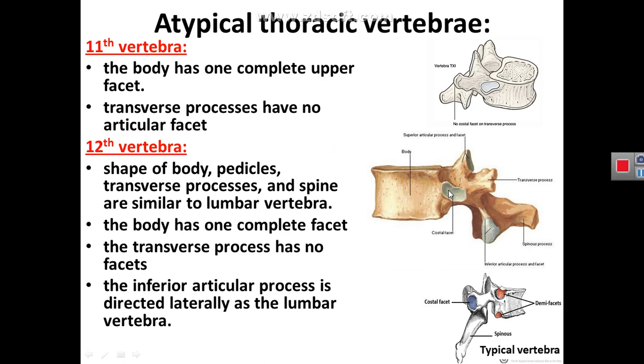The lumbar vertebrae do not have a facet for the ribs, because T12 articulates laterally with the 12th rib. Something else very clear in T12 is that the inferior articular process, which is directed medially and forward in typical vertebrae, is here directed laterally and forward, and I think this is a very clear feature differentiating it from other vertebrae.